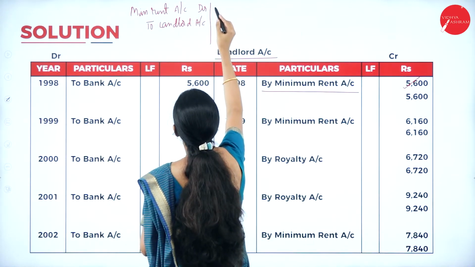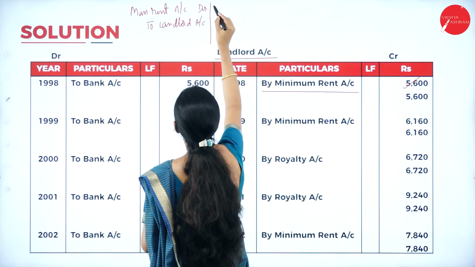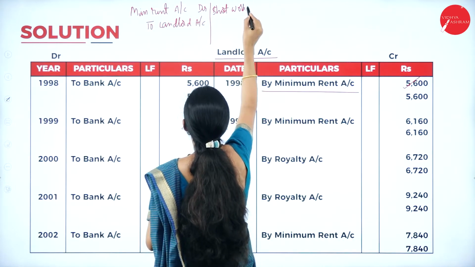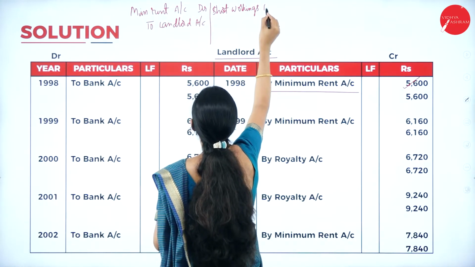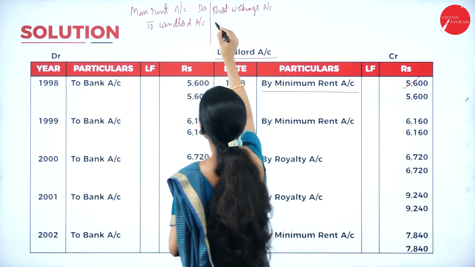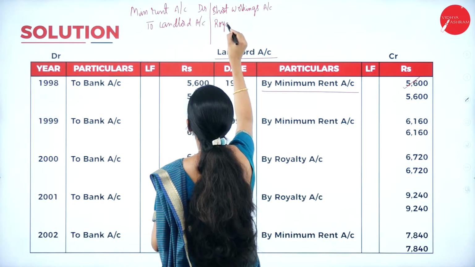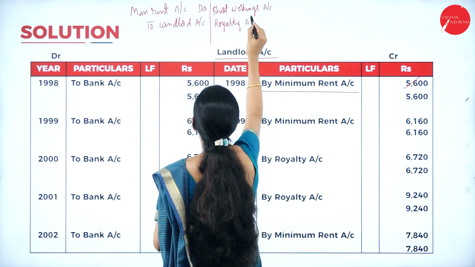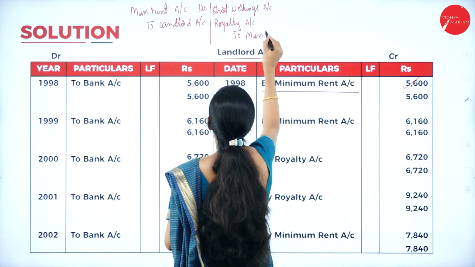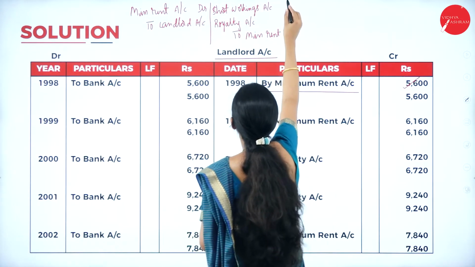Next, what do you have to record? This minimum rent contains short workings account debtor and royalty account debtor to minimum rent account. First I'll write all the journal entries to minimum rent account.